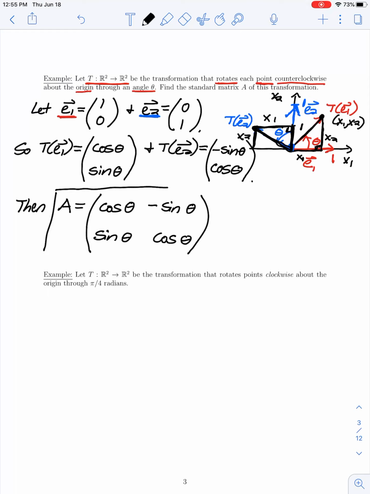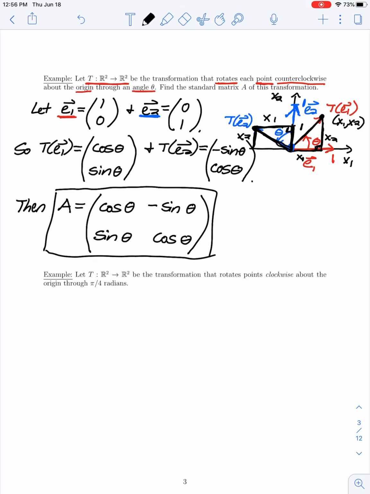So this matrix represents a counterclockwise rotation about the origin through an angle of theta. If we had a specific angle that we were rotating by, we could substitute that into these trig functions to find the specific matrix.